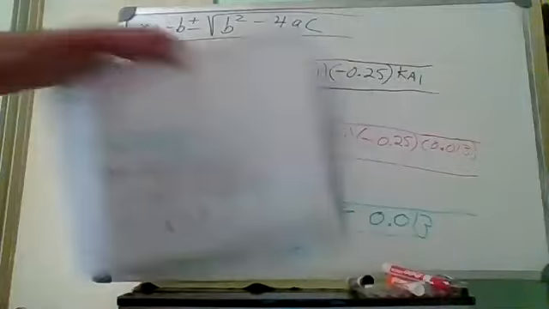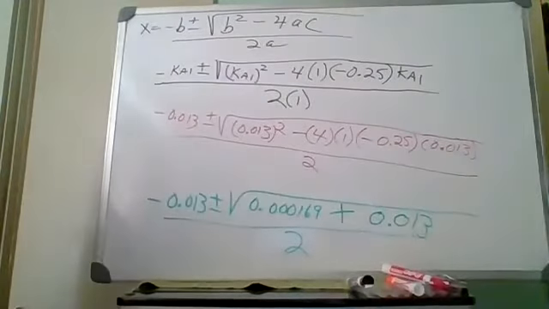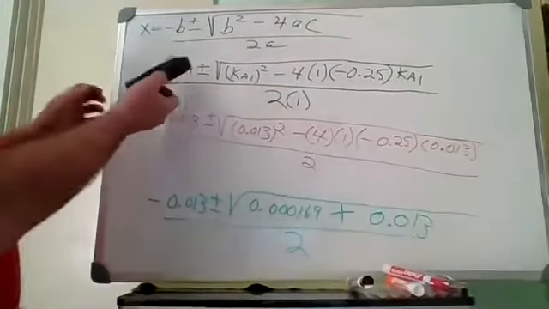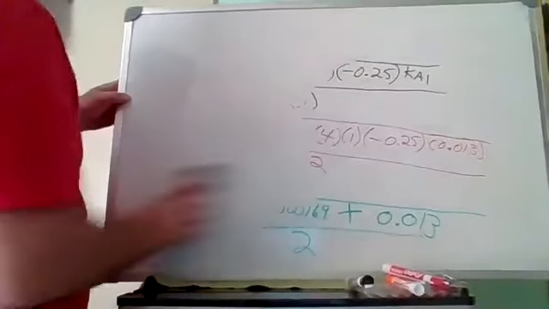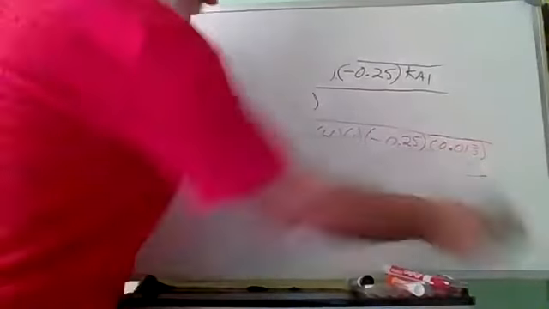Any questions? All right, let's look at the other one, where we have to find the concentration of the sulfide anion in solution. And for that one, we're not going to have to do the quadratic equation. But we are going to have to set up another ice table.